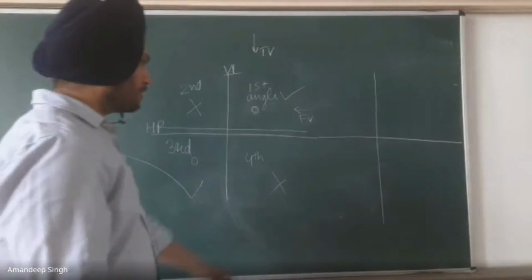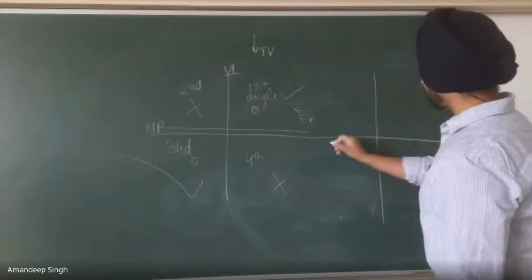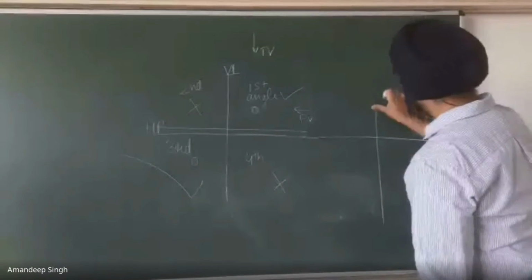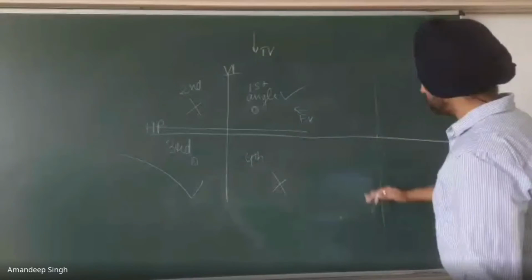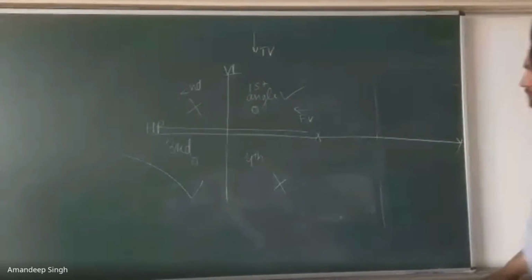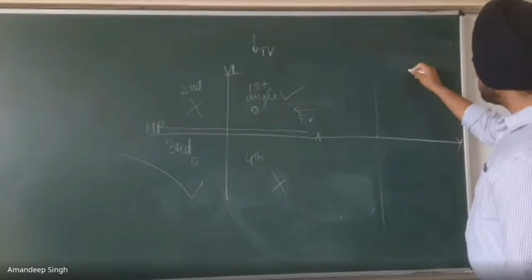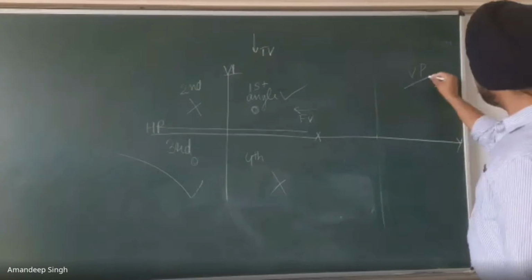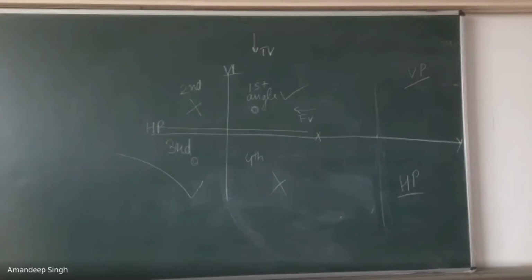In the second cross, sorry, it's not a cross. It is actually the drawing XY line. And now this side is vertical plane, and this side is horizontal plane. All right.